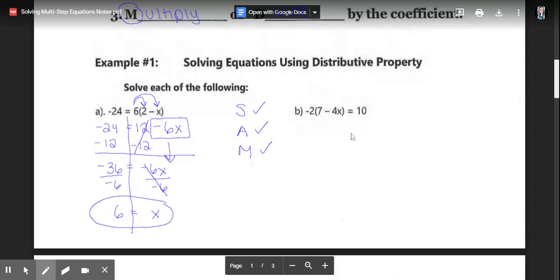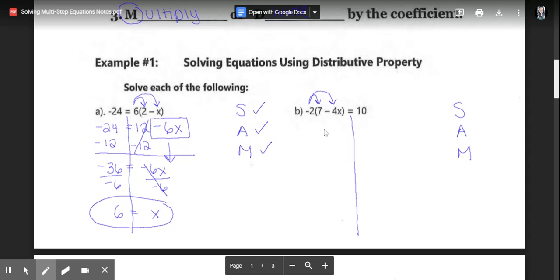Let's try one together. Take a look at problem B. And again, we're going to walk through the steps using the acronym SAM. So step 1 was to simplify. And by simplifying, we need to look to see if we can distribute or combine any like terms. I can distribute in this problem. I'm going to distribute the negative 2 to both terms inside the parentheses.